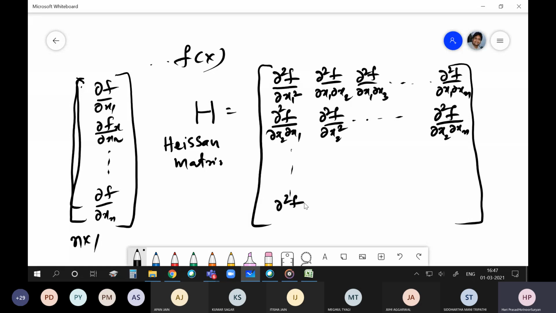Like this I will have dou square f by dou xn dou x1, isn't it? These many second derivatives will be there. So basically it is a matrix. What will be this matrix size? N cross n, an n by n matrix, isn't it? So basically the second derivative is H.